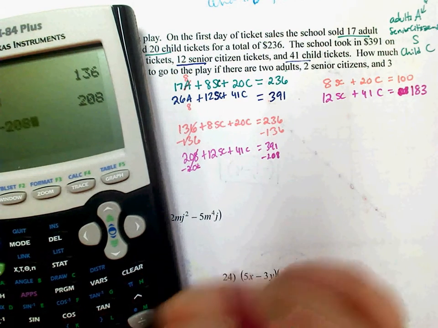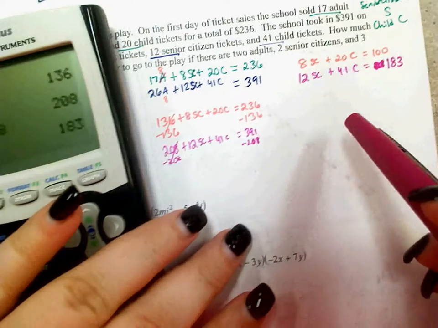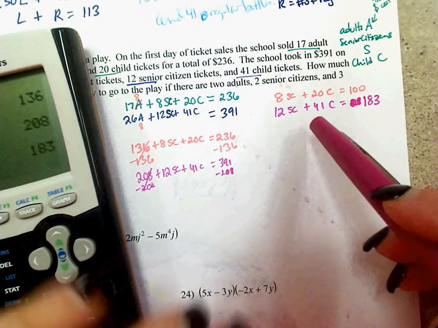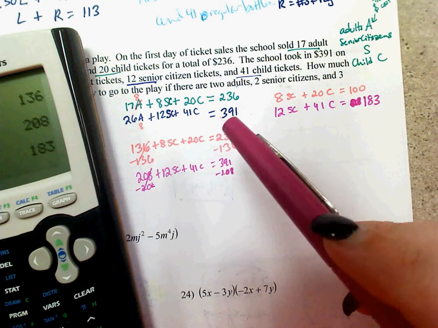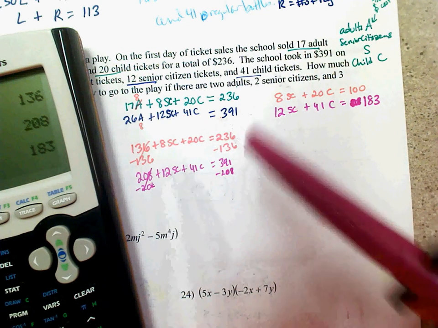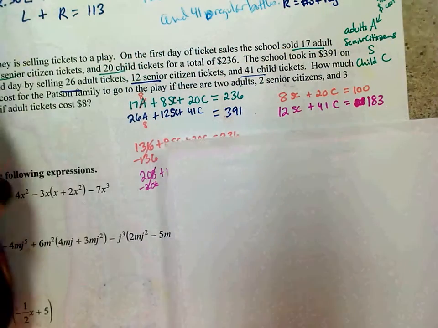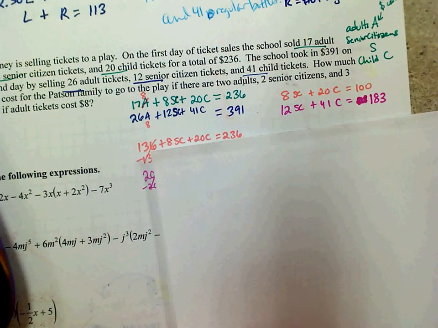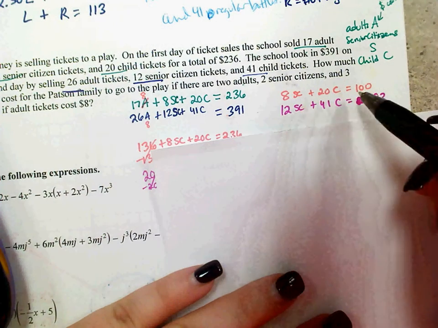Okay, so now we're into a system of equations with two variables, and you can do what we did before with elimination. You could do it with substitution. It really is kind of up to you. I'm going to actually kind of play around with this. Now, if you notice, 8, 20, and 100 are all divisible by 2.